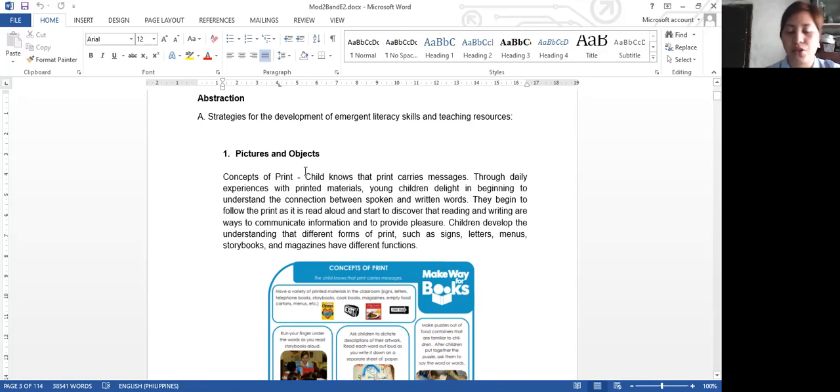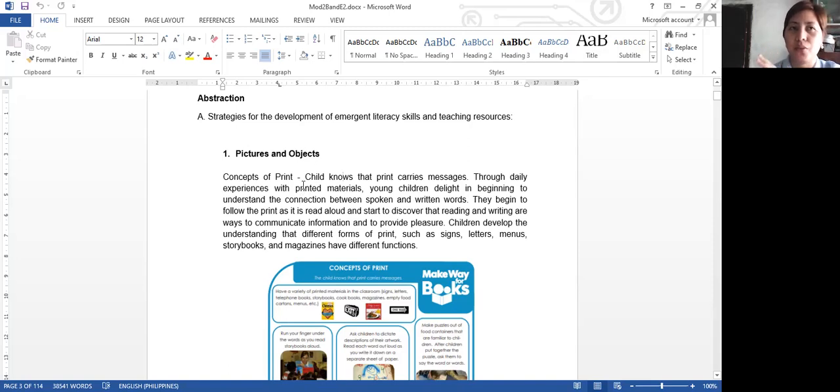So through these pictures and objects, emergent learners become familiarized and able to recognize these kinds of tools.